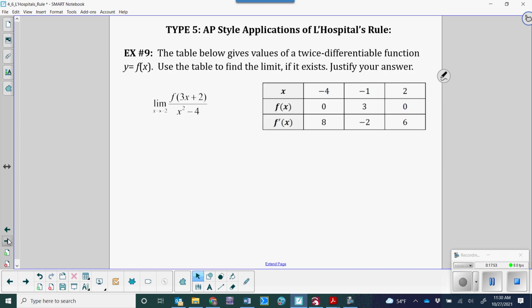Okay, example 9 is using a table to answer this. This is actually something that sometimes comes up on the AP test in a free response portion. So here we have a table of values. They tell you the function is twice differentiable, which is important. It means the second derivative exists everywhere. Use the table to find the limit if it exists and justify your answer.